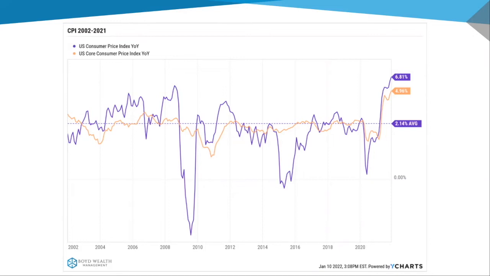What's not showing up fully in the inflation numbers is the real cost of housing. Home prices continued their march higher, with the Case-Shiller U.S. Home Index increasing by almost 16% in 2021. As my good partner Ryan Triplett puts it, inflation affects people in different ways and is a very personal thing.